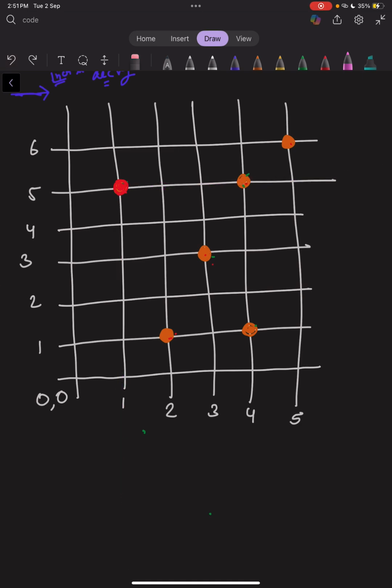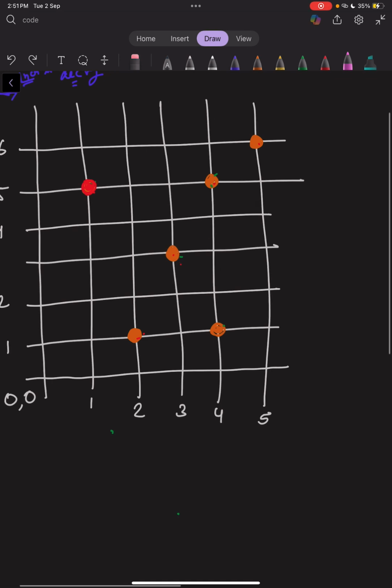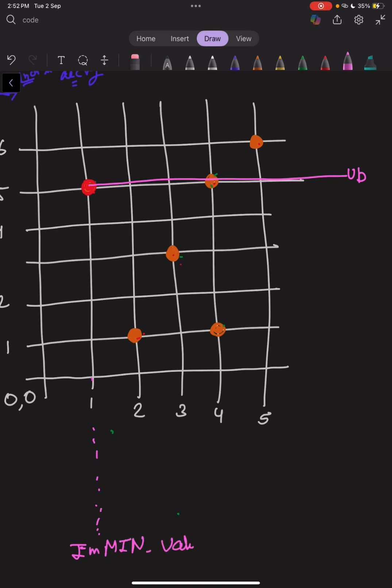So we will take 2 valid bounds, upper bound and lower bound, for simple terms. For this one, this is the upper bound, and the lower bound we can take as anything because it can go until, let's say, the integer minimum value, or we can say minus infinity.